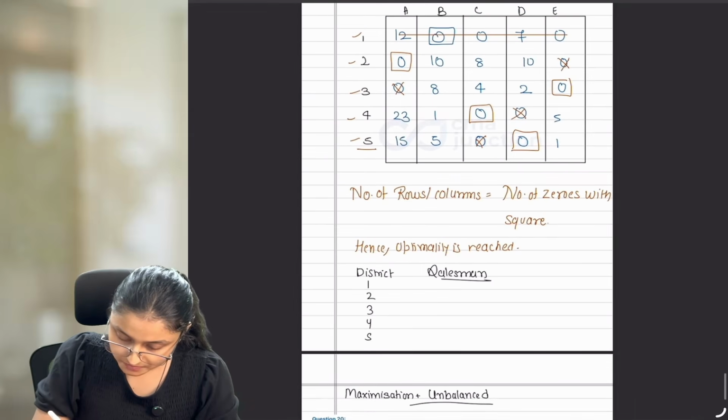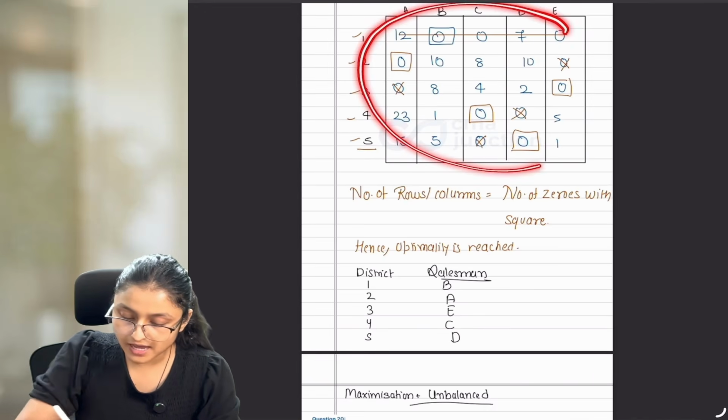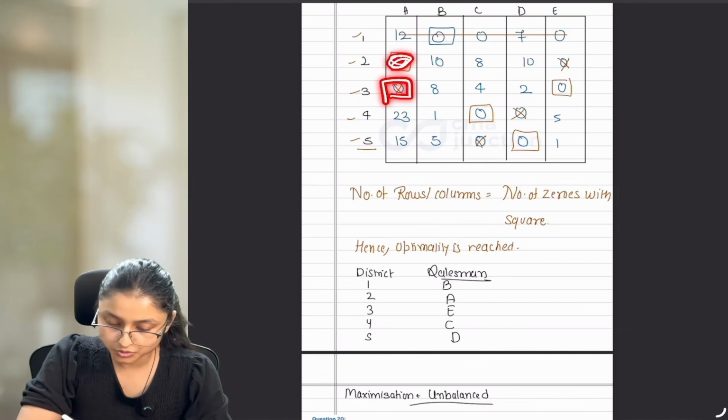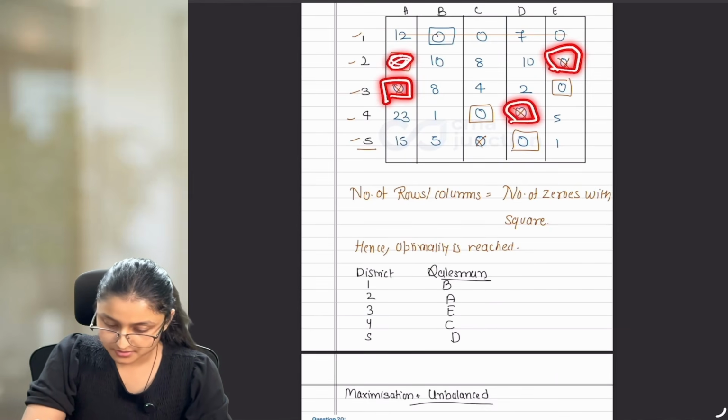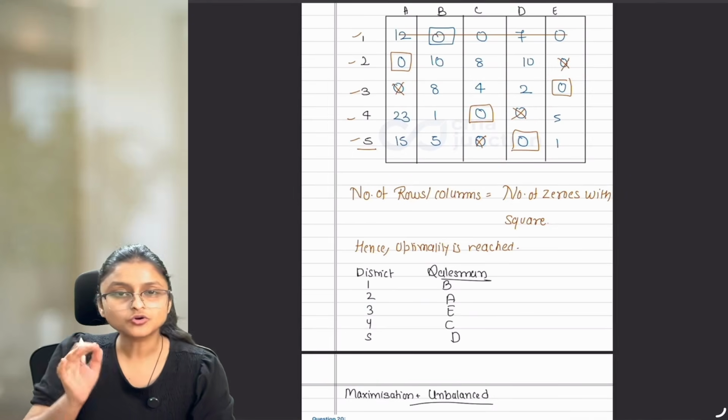Salesman allotted is B, A, E, C and D. In this scenario also you can have one more alternative solution, where rather than choosing this, I chose this and this and this and this. This can also be an alternative, but the question is not asking us the alternative solution. Hence no need, because you already understood.